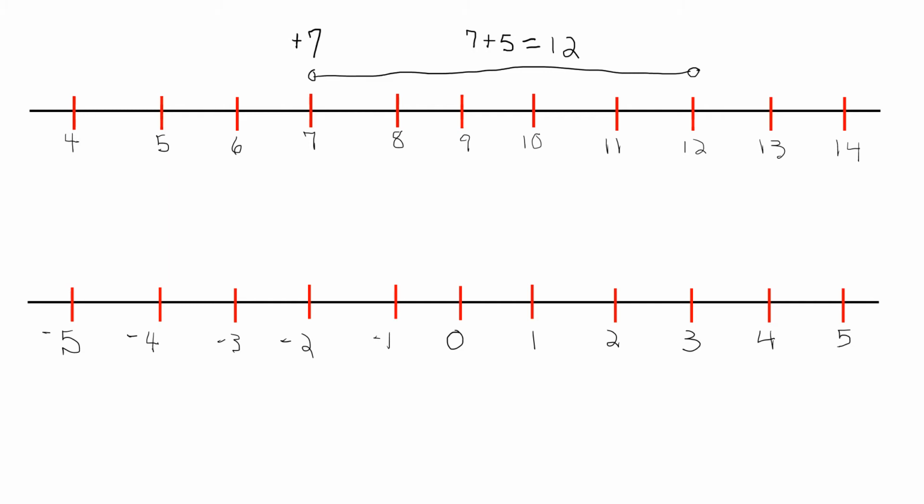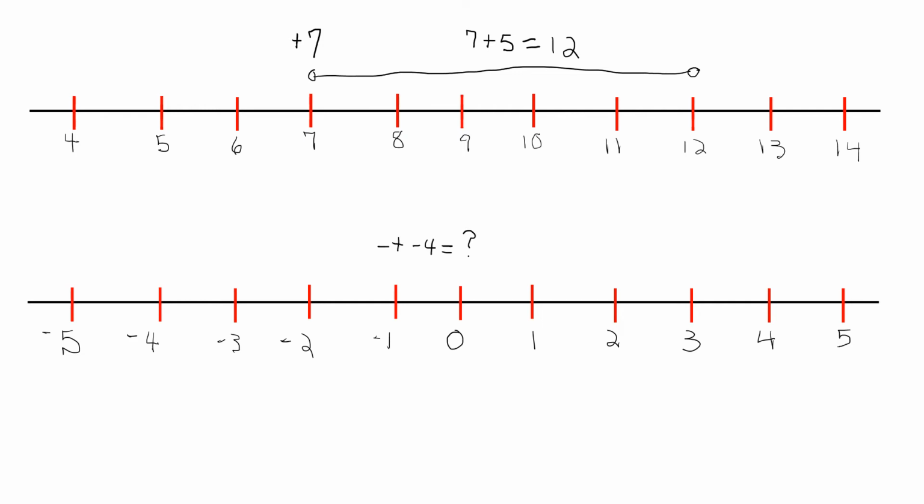Now let us add some negative numbers. Take a look at the line graph on the bottom that has negative numbers on it. To add two negative numbers together means that we will be adding units in the negative direction, or should I say heading left on the number line graph. For example, let's add -1 plus -4. So what does that equal?